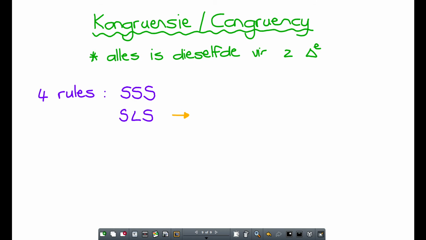Dis 'n ingeslote hoek. Onthou julle dit? Angle must be an inclusive angle. 'n Ingeslote hoek.